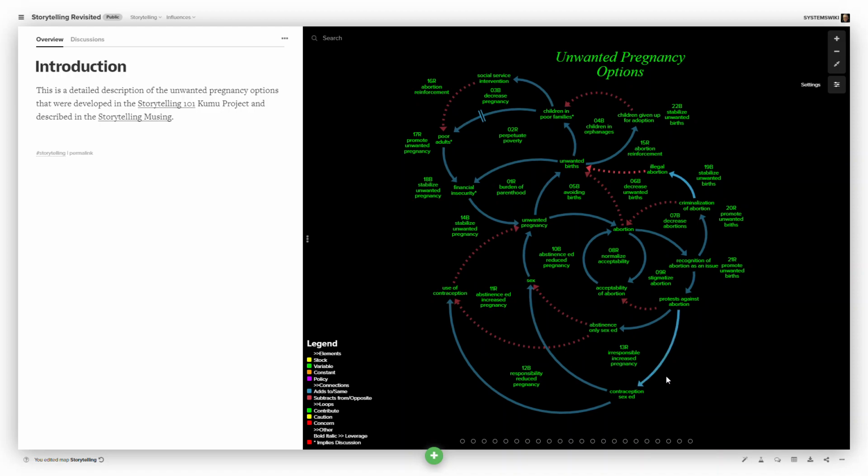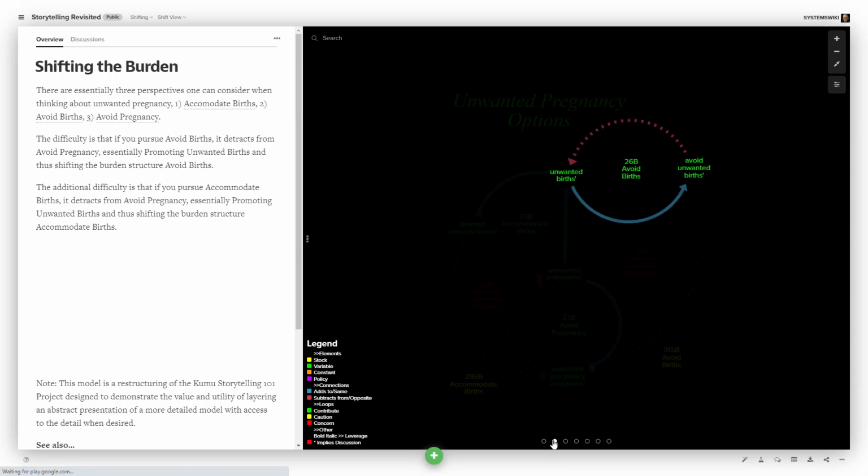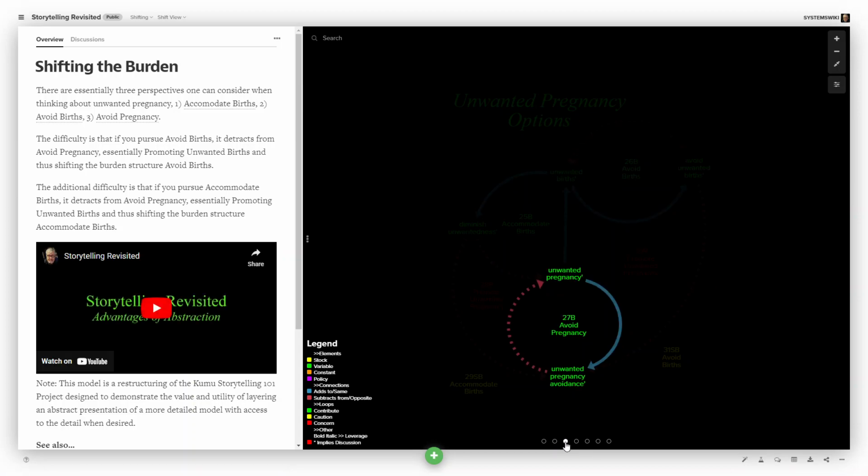So if you take this structure with 22 loops in it, what it seems to boil down to is you have a bunch of pieces that are about accommodating births, you have a bunch of pieces about avoiding births, and a bunch of pieces about avoiding pregnancy.